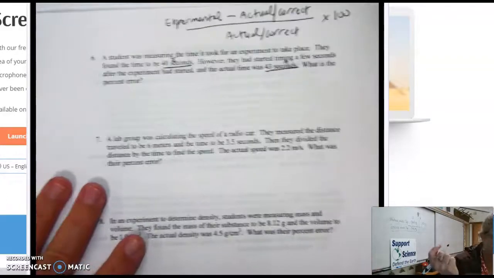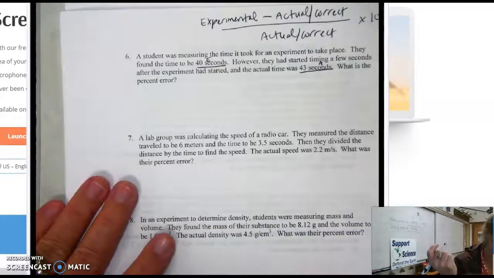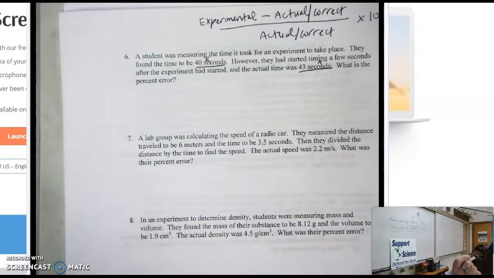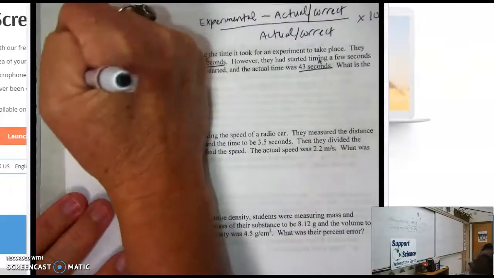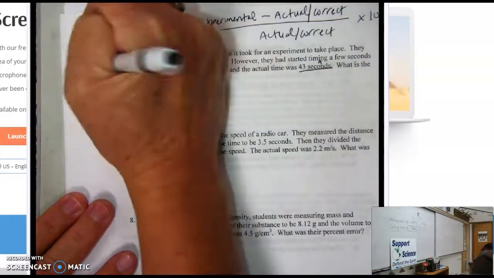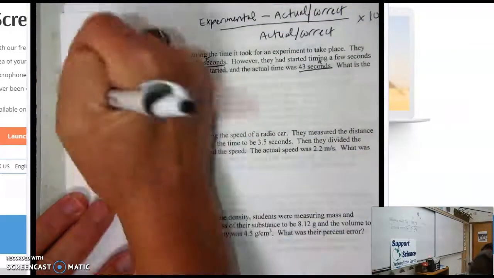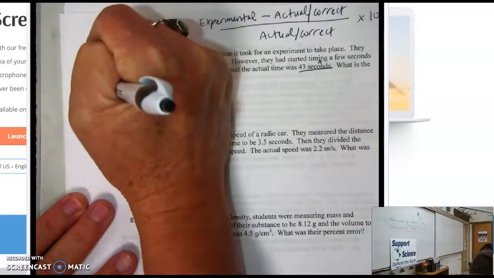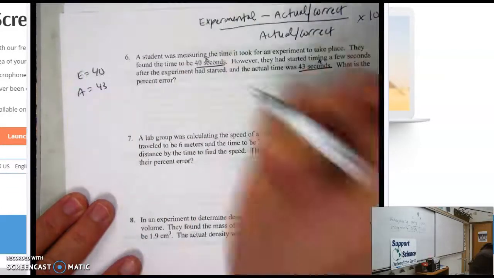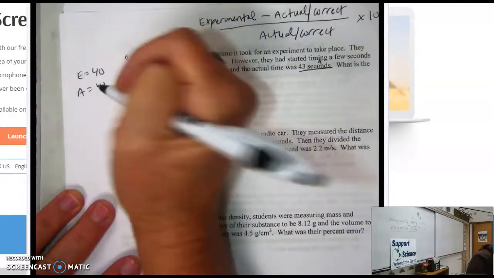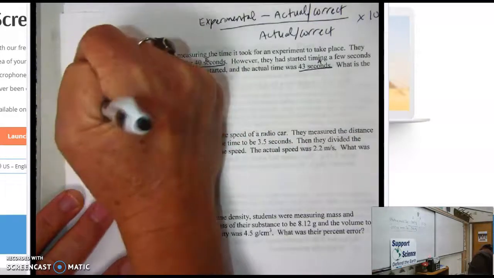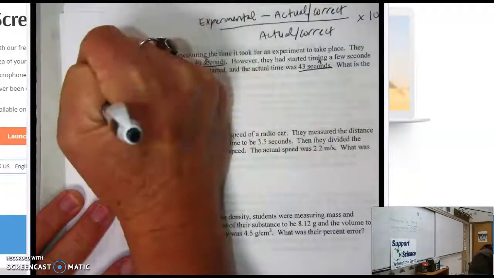Okay, so I always like to make a little key. So the experimental value was 40. The actual or correct value was 43. And that difference, that change, was 3 seconds.